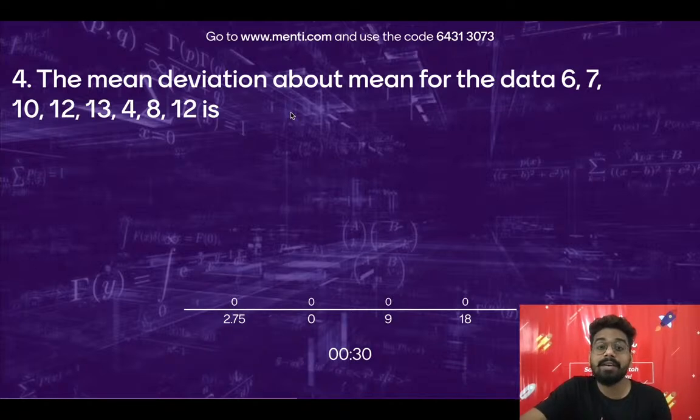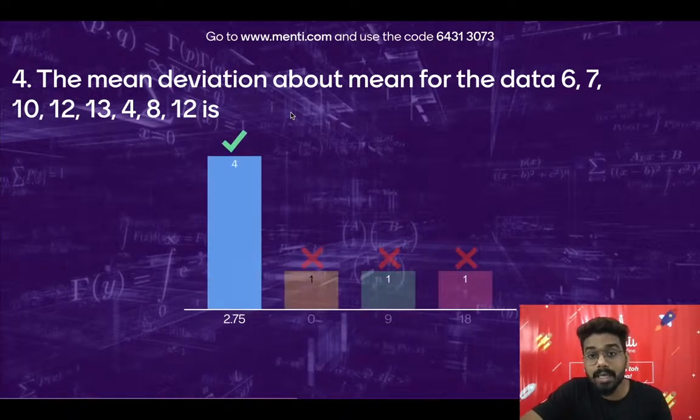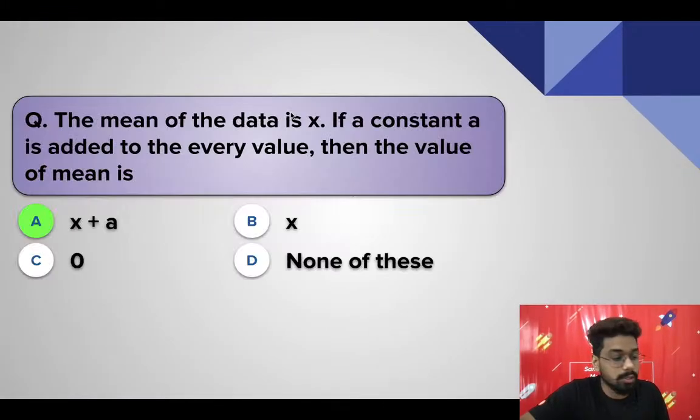What is the mean deviation about mean? First of all, calculate the mean. After calculating the mean, you will calculate the deviation from the mean for the given data, and we will check for absolute values.